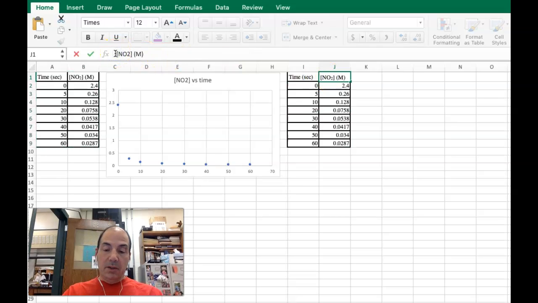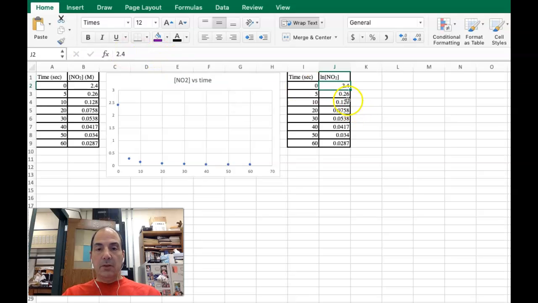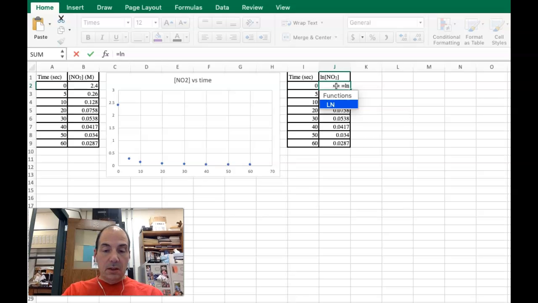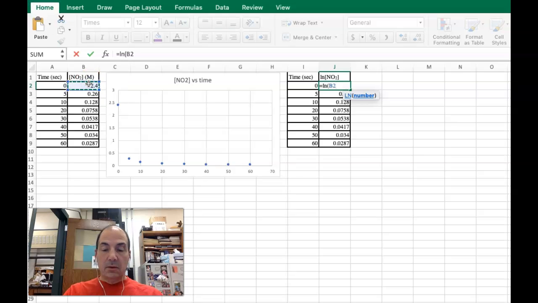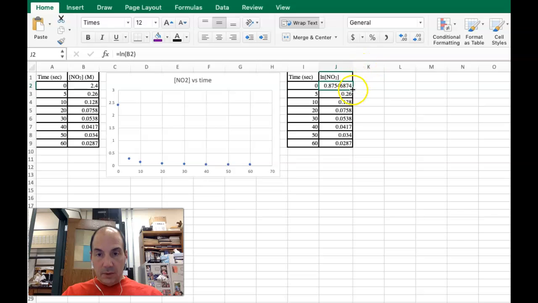The next graph has got to be natural log of the concentration versus time. All right, so let's see. I'm going to say equals natural log of this, and then I'm just going to drag that out. Bam, so there's my natural logs.